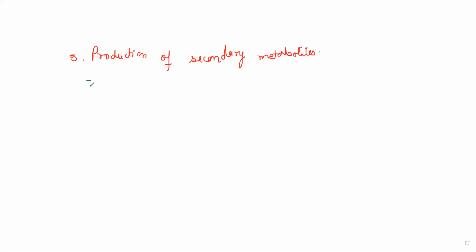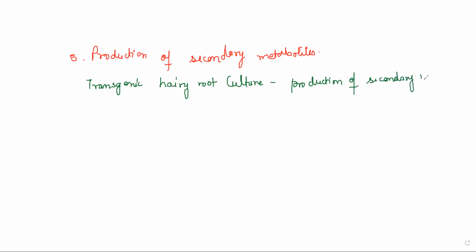Here the transgenic hairy root culture has revolutionized the role of plant tissue culture in the production of secondary metabolites.